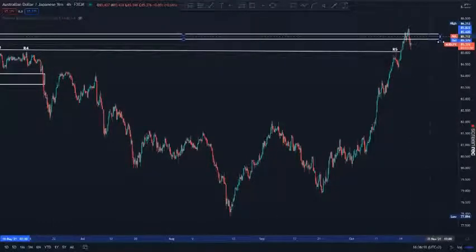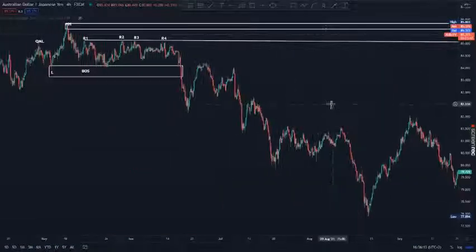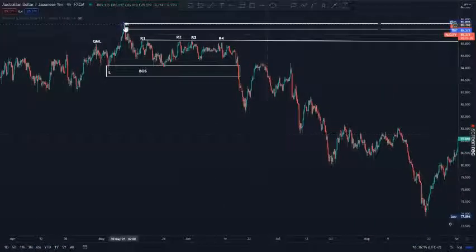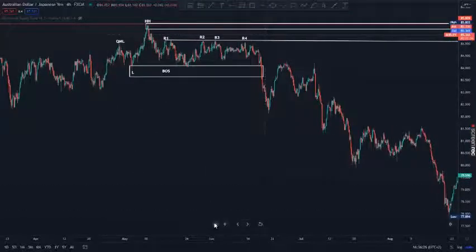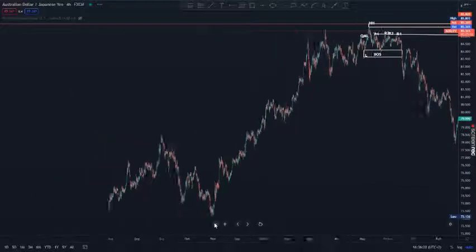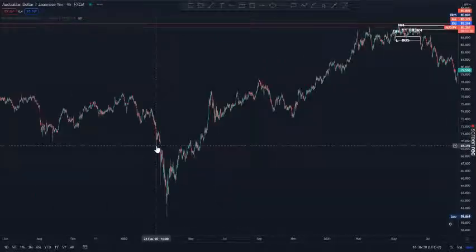So this is what happened, guys. I got stopped out from there. So this is my higher high, like I always do. I make sure that I put a horizontal line on that level. So this allows me to see if this area has been tested several times.